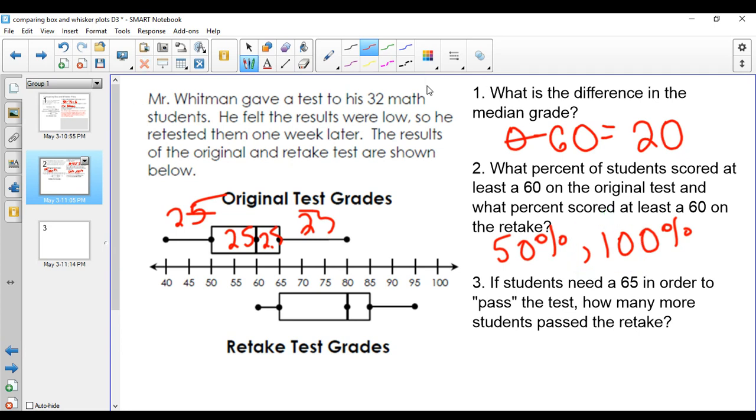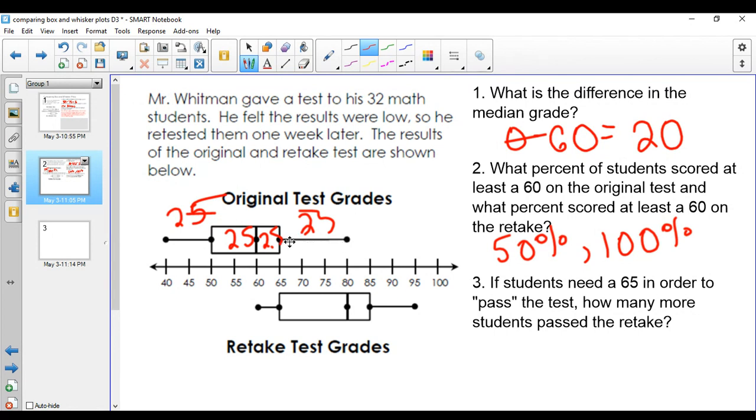All right, number 3, if students need a 65 in order to pass the test, how many more students passed the retake? If we look at 65 right here on the original test, it looks like 25% of the students made a 65 or higher on the first test.